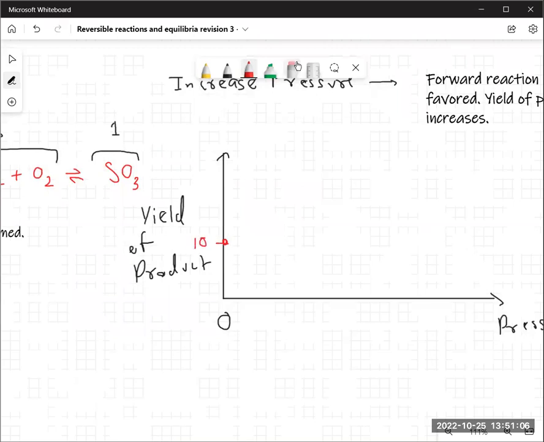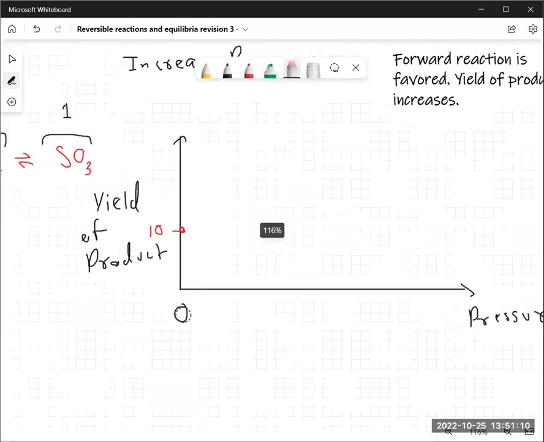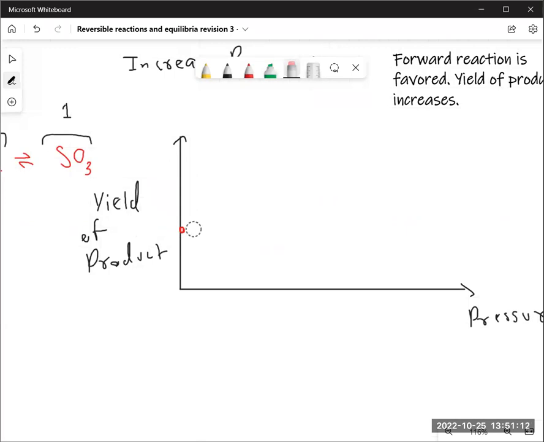Or let's say my graph begins over here, at 5 pascals yield was 10, or at 500 yield was 50. So if I go to 100, what will happen to yield? Will it increase or decrease?